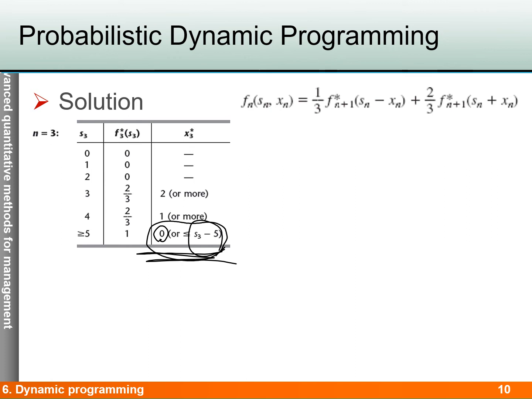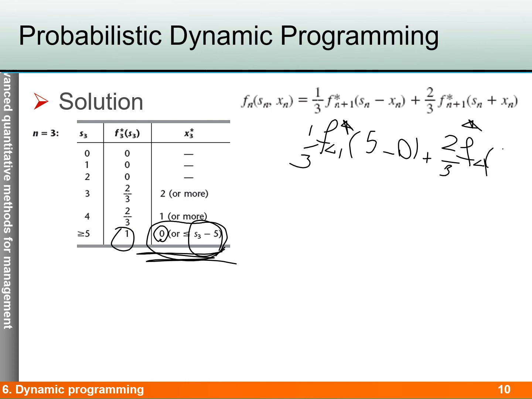And to write this formula, to calculate this one, it is 1/3 f star of, for example, for 0, I calculate 5 minus 0, plus 2/3 f star of 5 plus 0, okay?